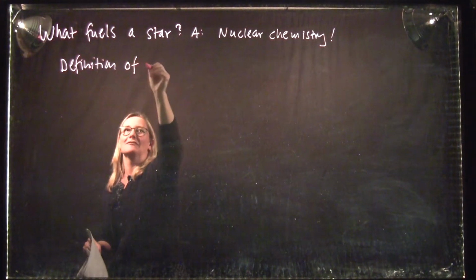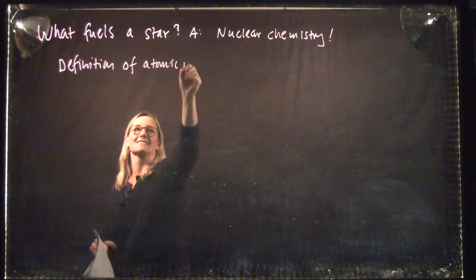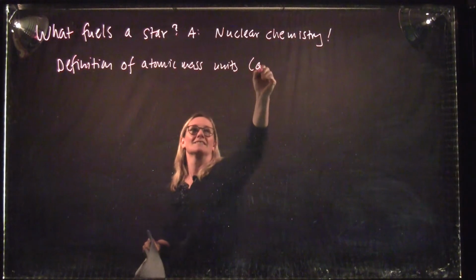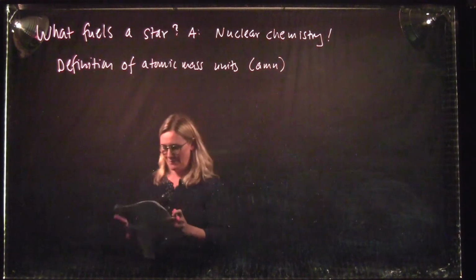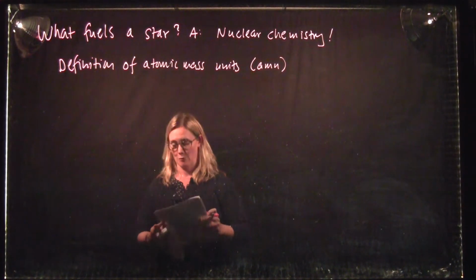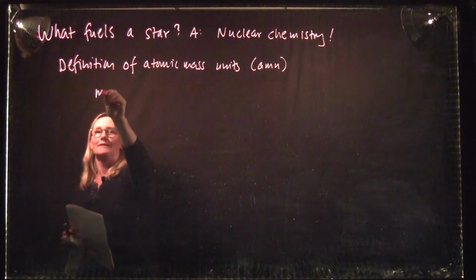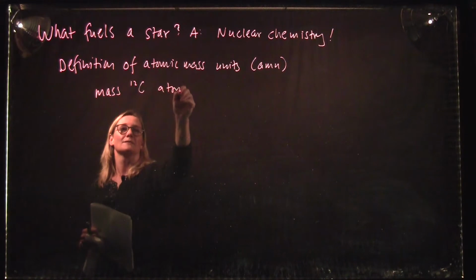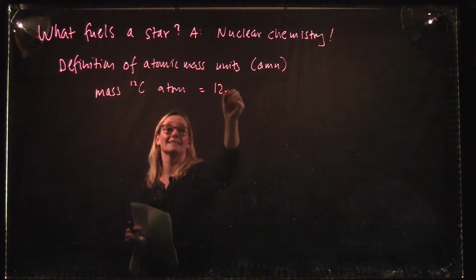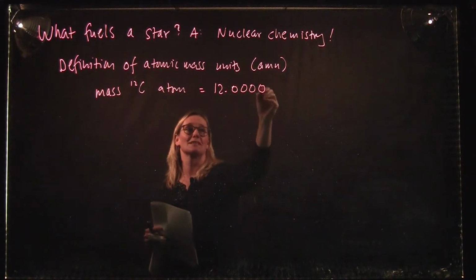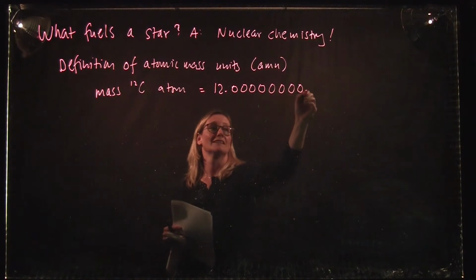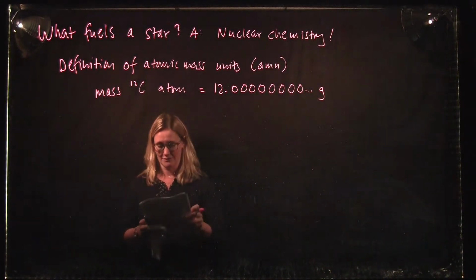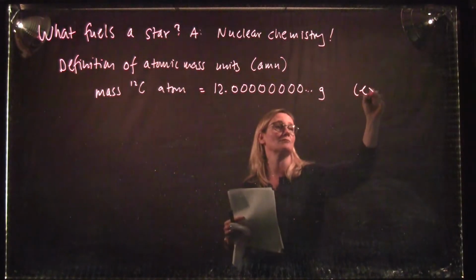The definition of atomic mass units, which is our scale for the mole. Remember, the mass of a carbon-12 atom, we said last time, is equal to exactly, and this is what Miriam and Subhashish were just so surprised about, exactly 12.000 grams. So it's equal to 12 exactly.